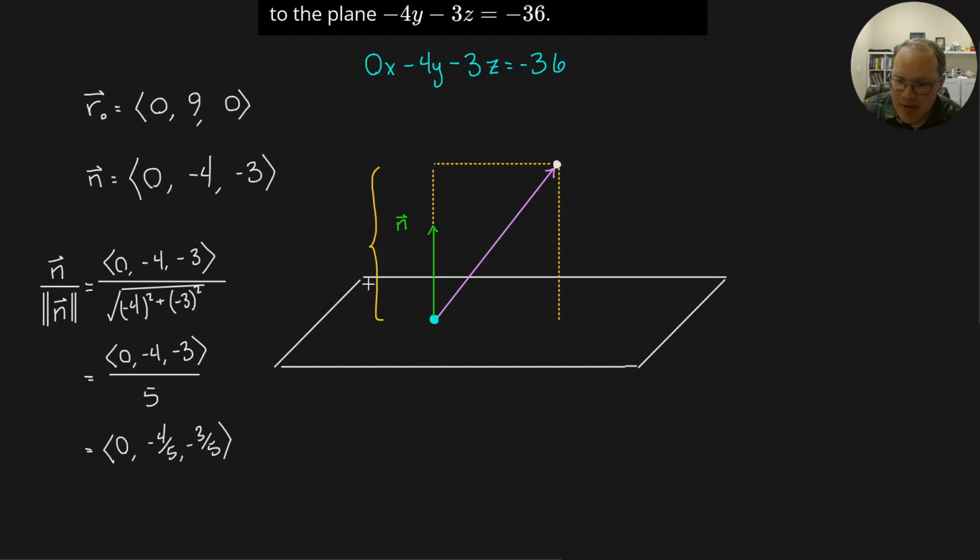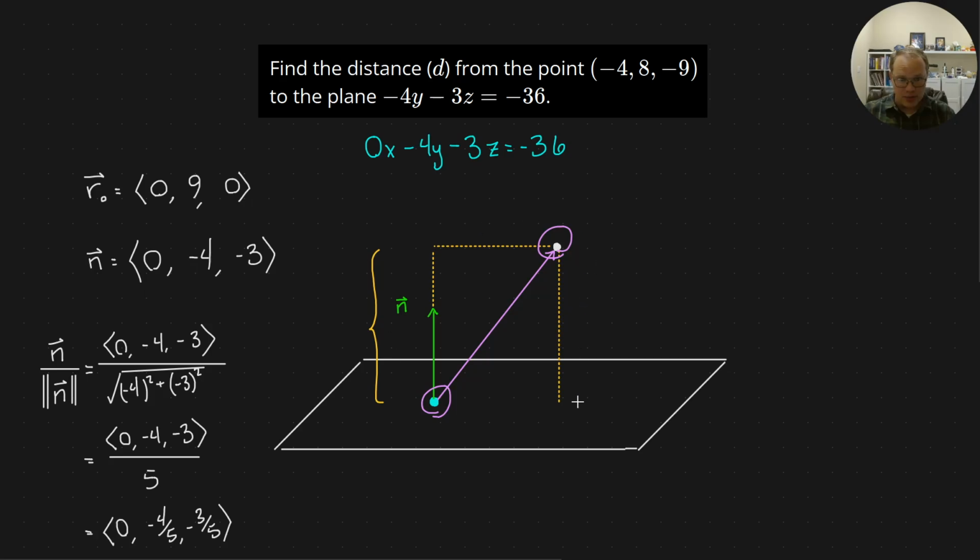All right, and then the other piece I need is the vector pointing from the point in the plane to the point I'm trying to find the distance to. Let's call this vector V, just because I don't have a better name for it. So end minus start, where we end up at the point I'm finding the distance to.